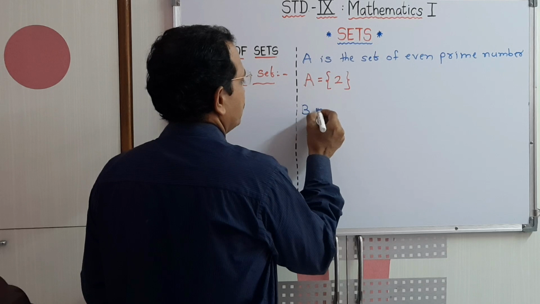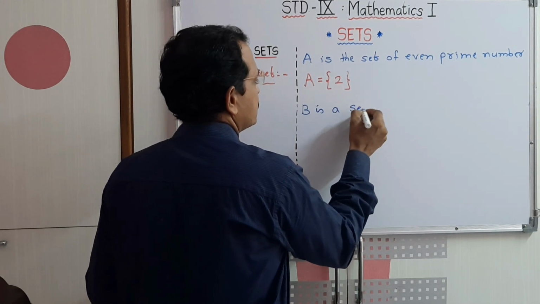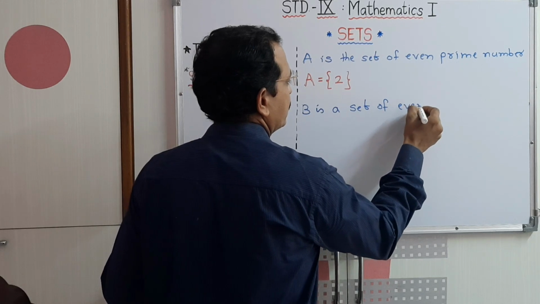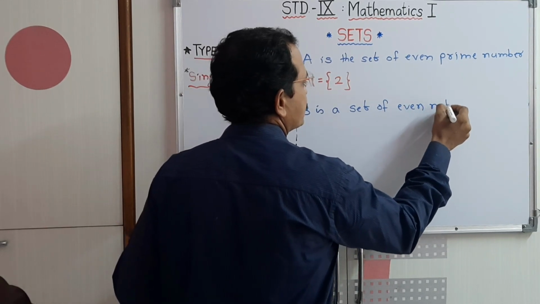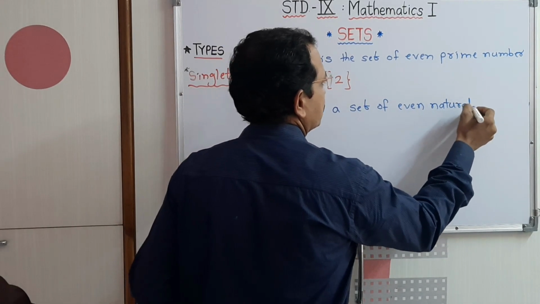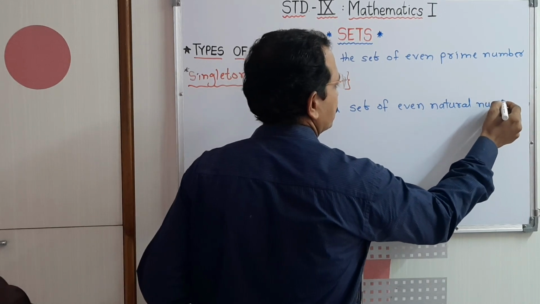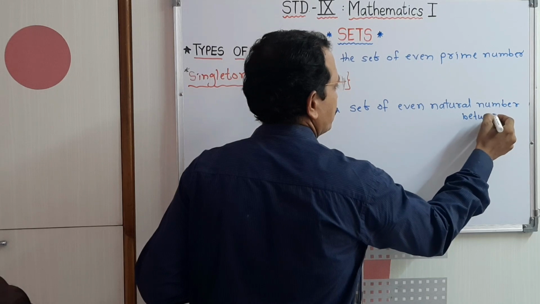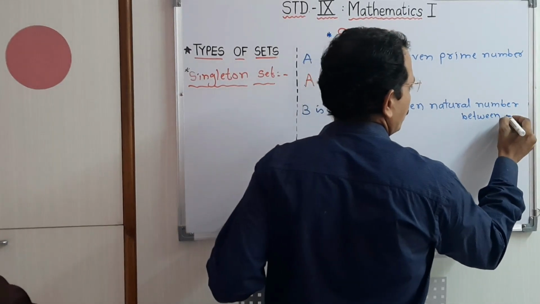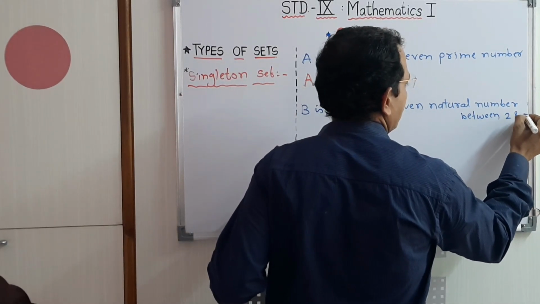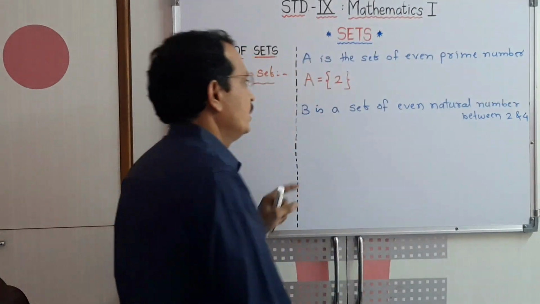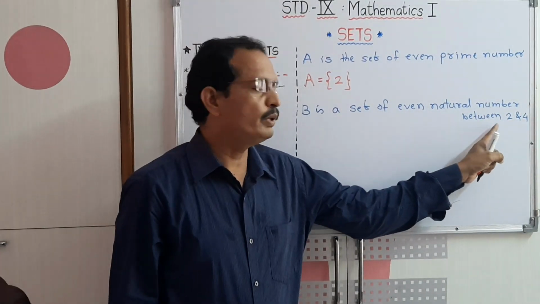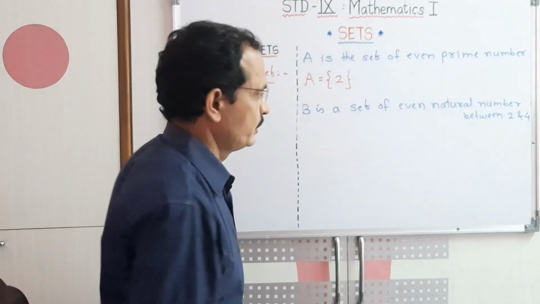B is a set of even natural numbers between 2 and 4.